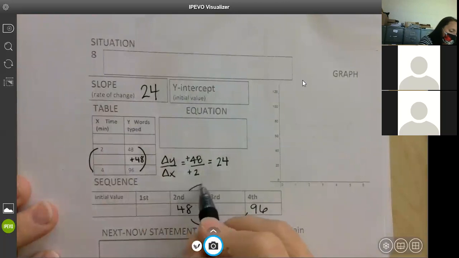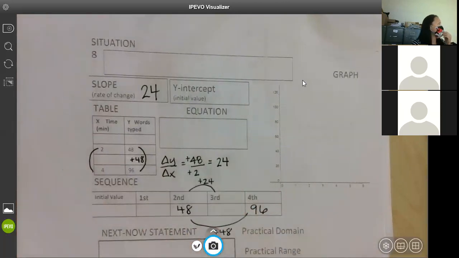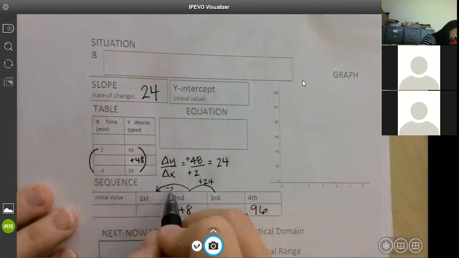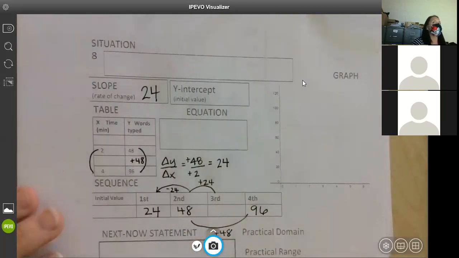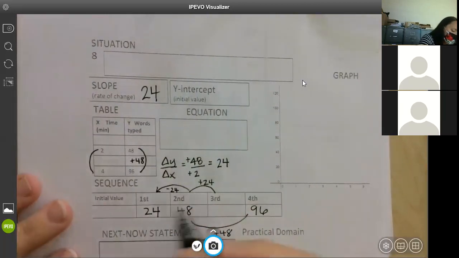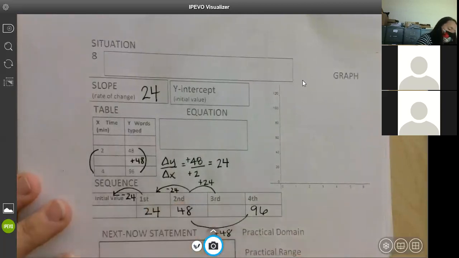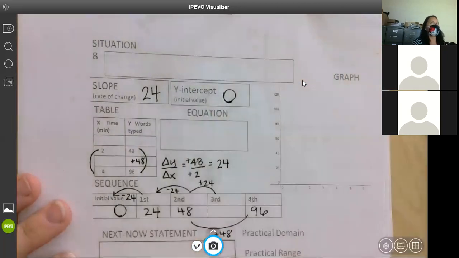So that means this is going to be half of it. It'll be plus 24. Does that make sense? If I go backwards, this will be minus 24, which will give us 24. But that's not our initial value or our y-intercept. We got to go back again, 24. And what do we get? 0. So our y-intercept is 0.